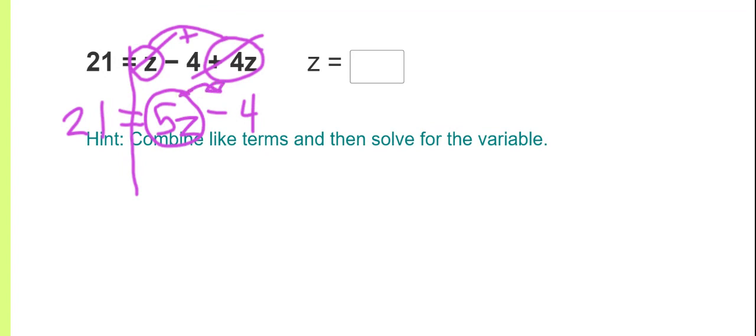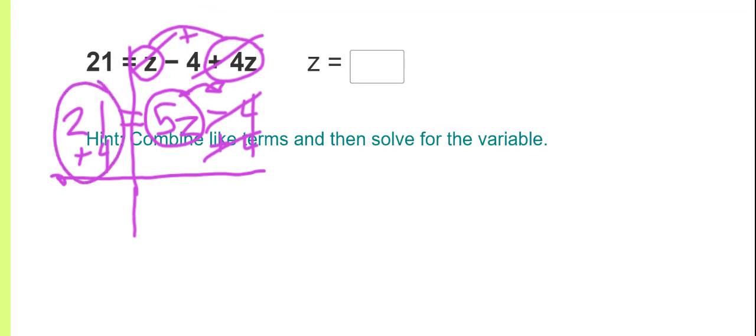And now that we've combined the variable terms, instead of 2 different variable terms, now we have 1, and then we start to solve. Starting with adding or subtracting, we're going to add 4 to the variable side, and then go to the other side, and then do the same thing over here. So negative 4, positive 4, and now 21 plus 4 is 25.